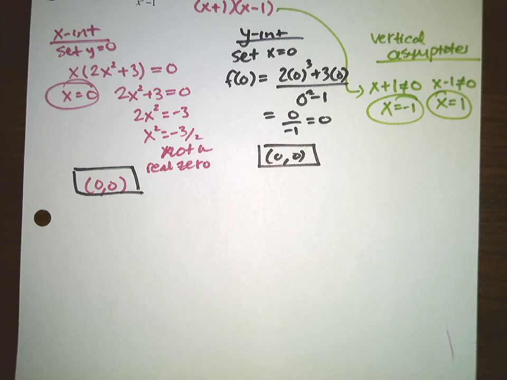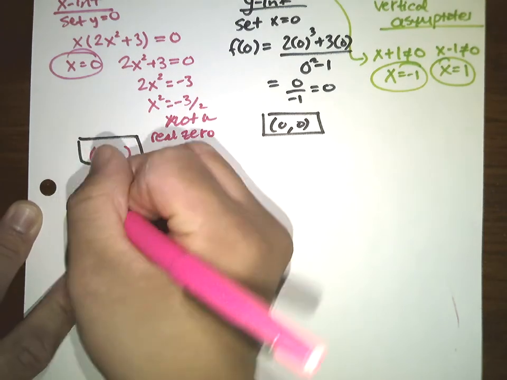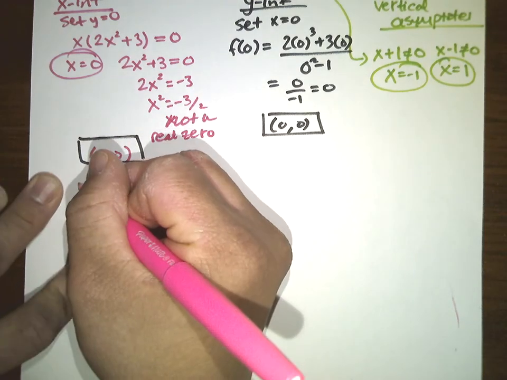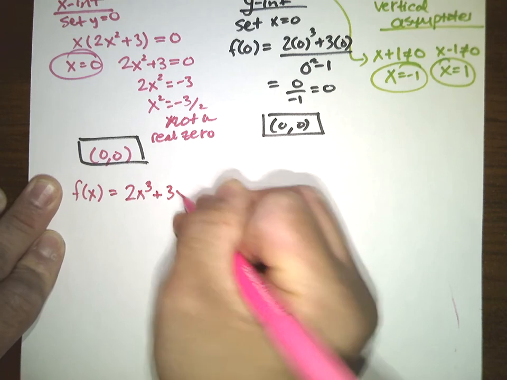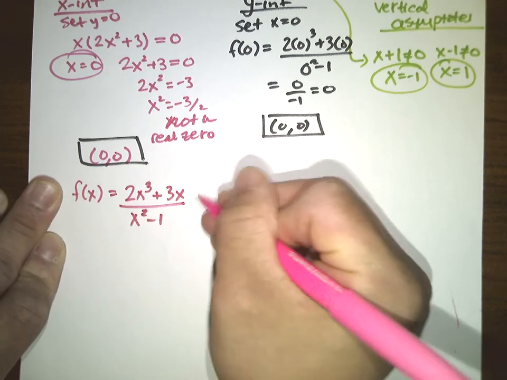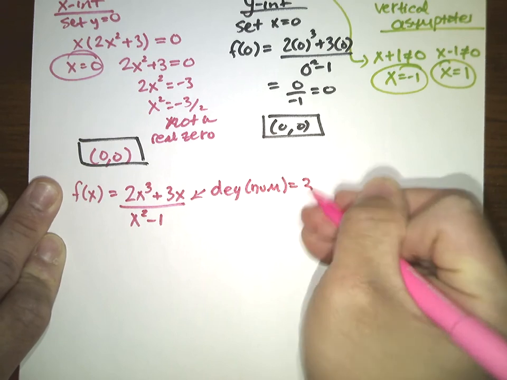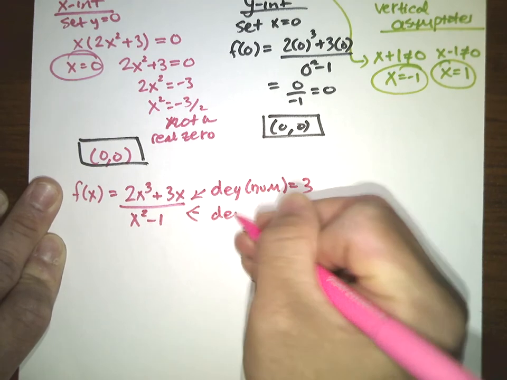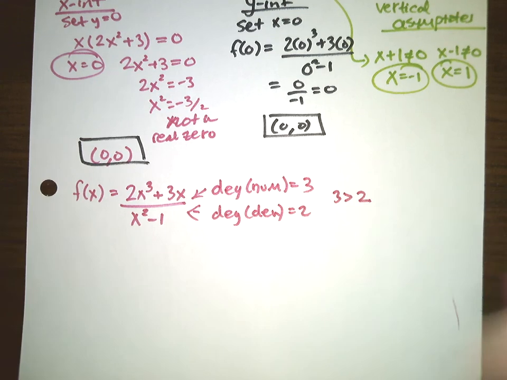And now I want the horizontal asymptotes. Do we have any horizontal asymptote? f of x is 2x to the third plus 3x over x squared minus 1. The degree of the numerator was 3, and the degree of the denominator was 2. 3 is greater than 2.